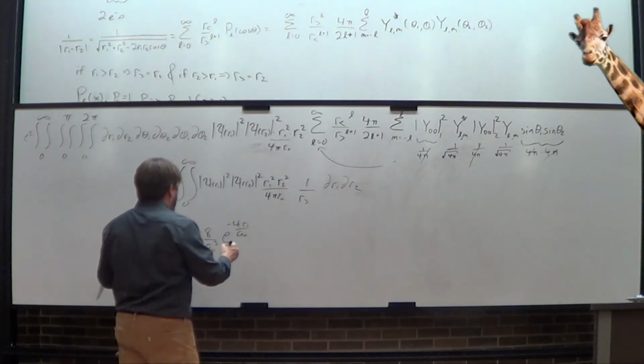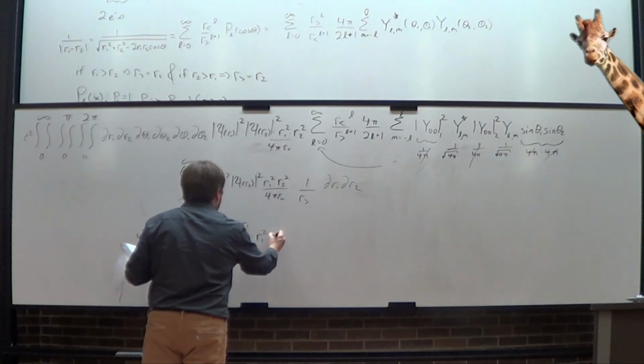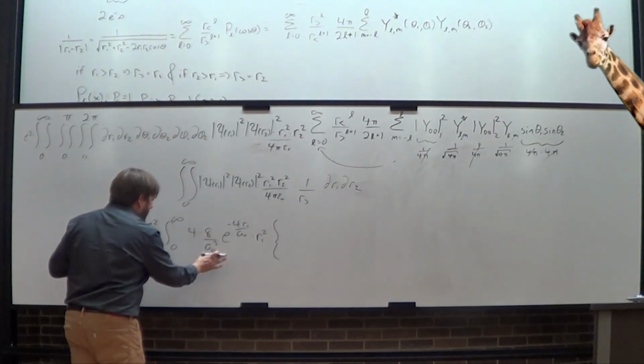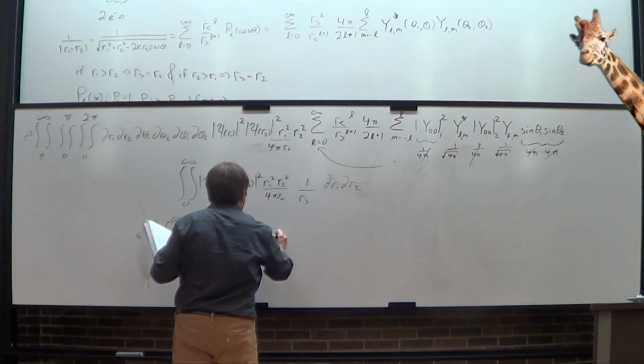Okay. Now check this out. Now I'm going to write the other integral. Here's how you're going to do this. Remember, when you've got a double integral, you just get one integral times the other integral.